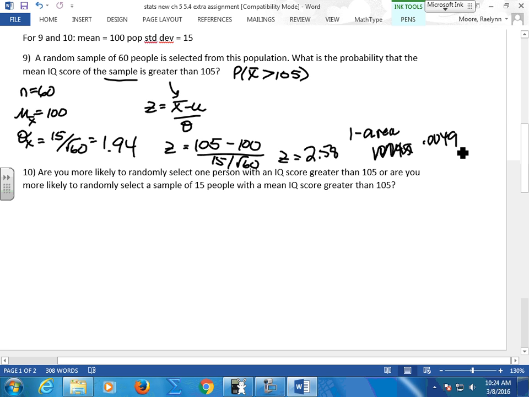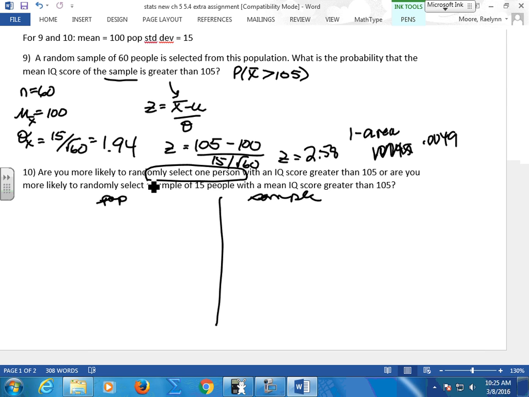Now it says, are you more likely to randomly select one person with an IQ greater than 105, or to randomly select a sample of 15 people with the mean score greater than 105? So, how do I know which one is the population, and which one is the sample? Because I'm selecting one person from my population, right?